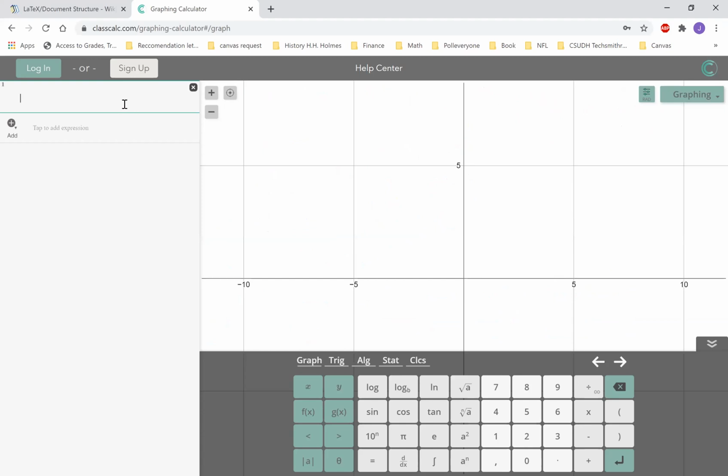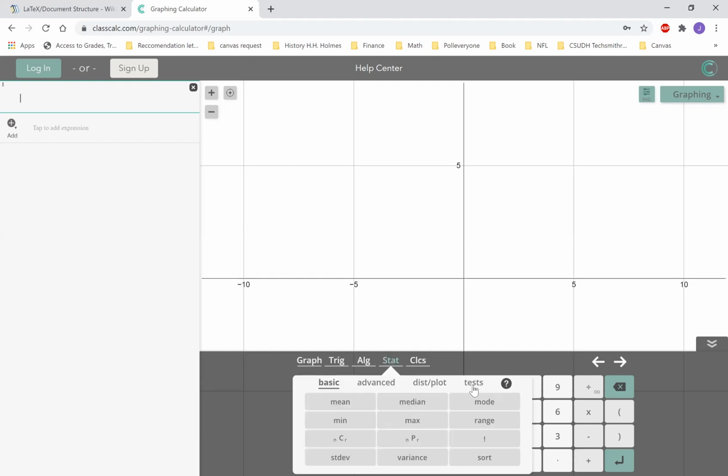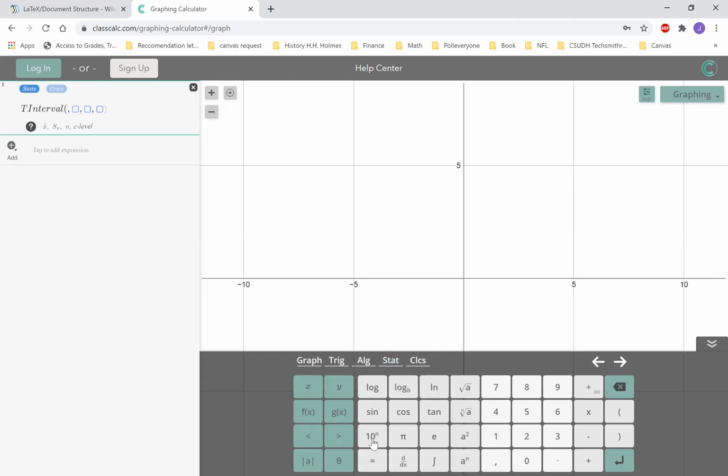If you are double checking your answer on ClassCalc, you just go to the stats button, go over here where it says test, and go to T interval. The t interval is asking for x bar, s of x, which is the sample standard deviation, n, and confidence level.